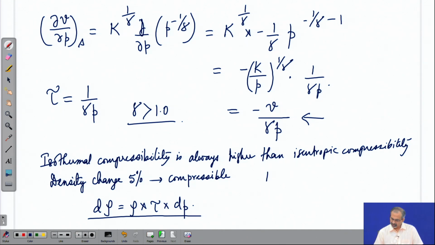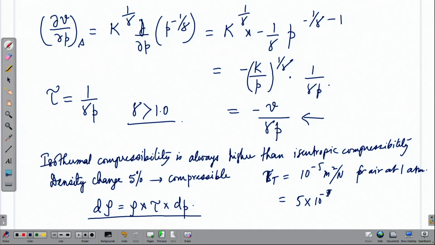Typical isothermal values of compressibility can be given as 10 raised to the power of minus 5 meter square per Newton for air at 1 atm, and 5 into 10 to the power of minus 10 meter square per Newton for water at 1 atm.